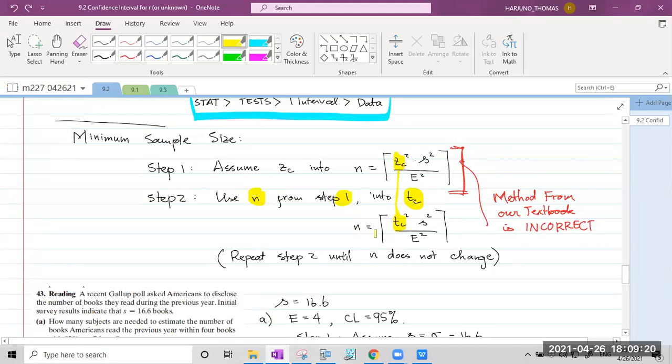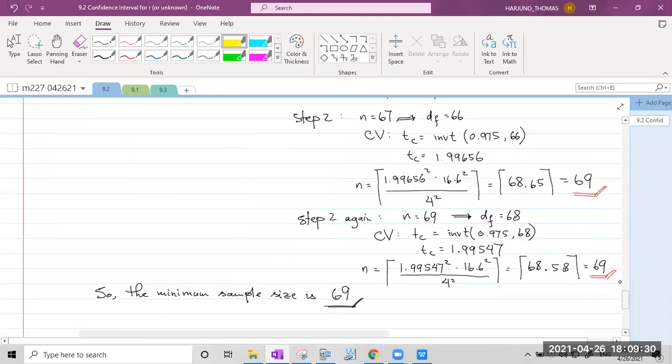Once you get the n, you update your T score again. Usually you just need to repeat step 2 one time, like in my example here, where you get the same number. Once you get the same number in step 2, you can stop.